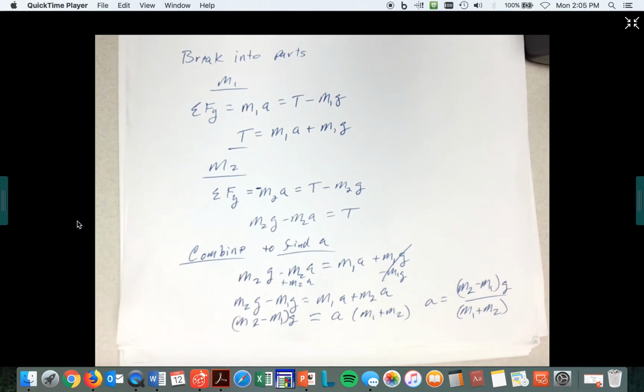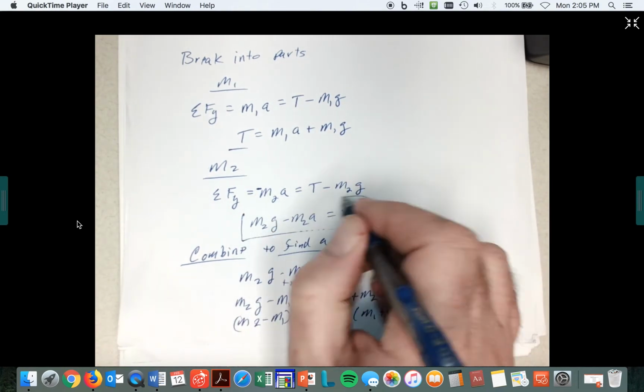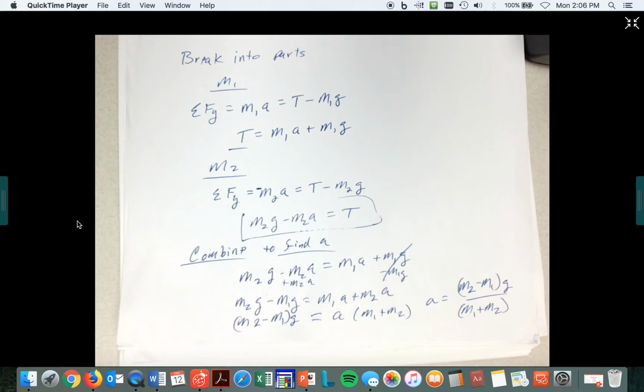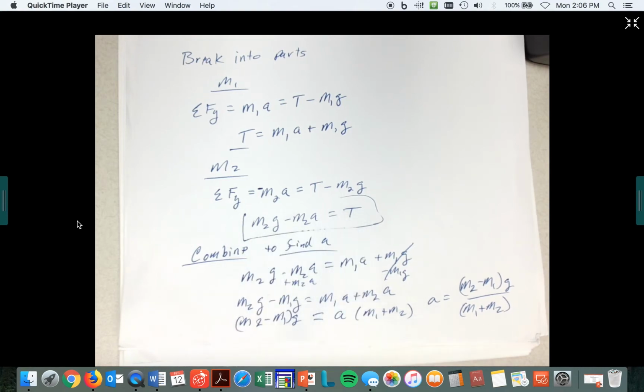There you go. I just divide both sides. Now, what about the tension? Well, I find a, and I've got two equations for the tension already. Once I find a, that becomes pretty simple.